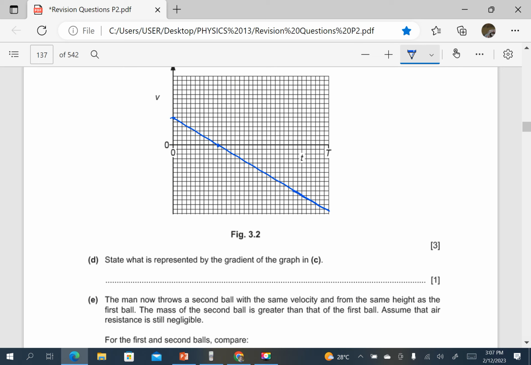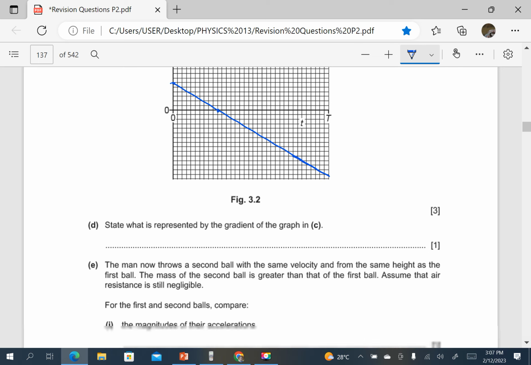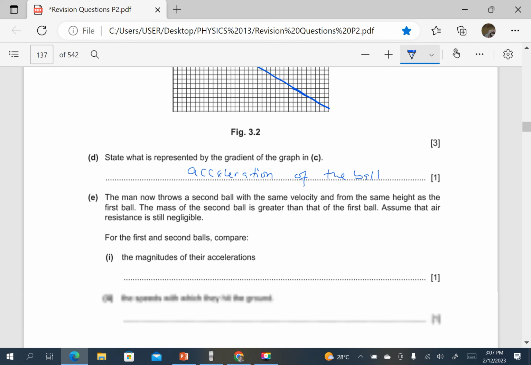State what is represented by the gradient of the graph. Of course, the gradient is the acceleration of the ball. Gradient is acceleration. Area under the graph is displacement. The man now throws a second ball with the same velocity and from the same height as the first ball.